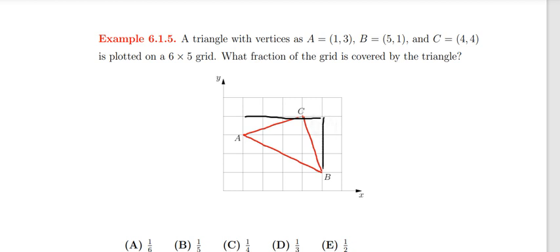We regard this triangle as this rectangle minus some triangles. This triangle is easy, this one also easy.